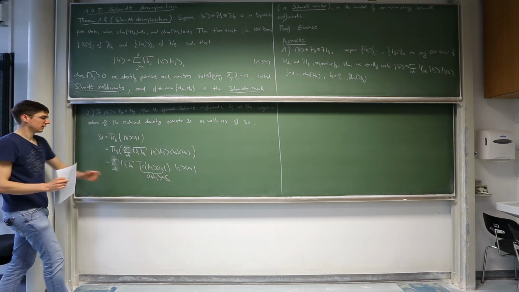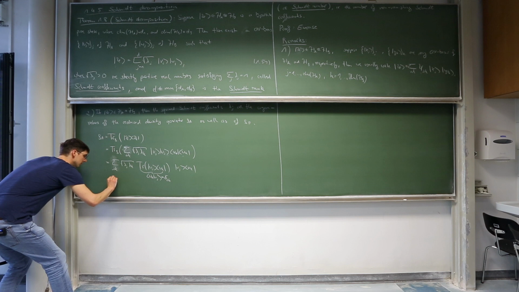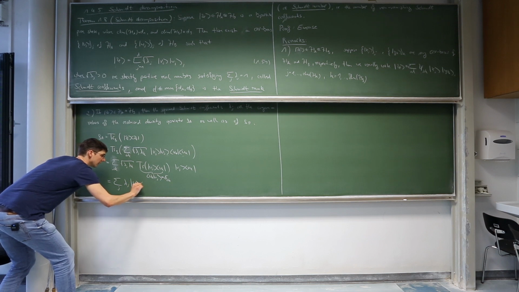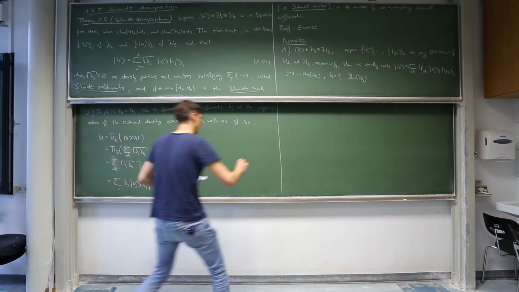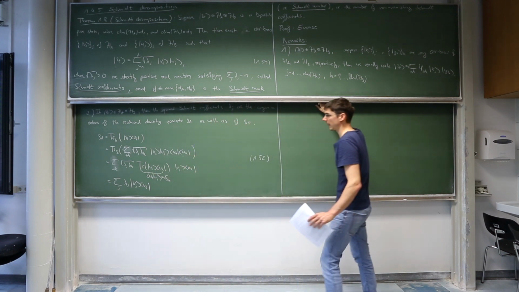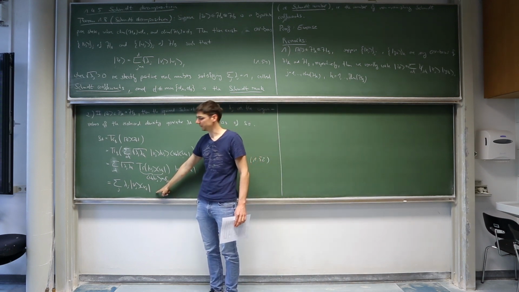So our sum reduces to one index. It's the sum over j of lambda j times vj vj. This is equation 1.52.